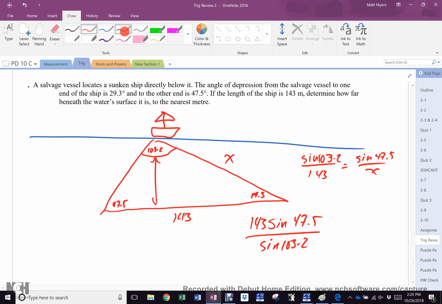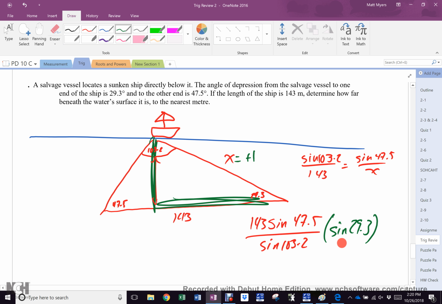Isn't that the hypotenuse of that? And then can I not do angle, hypotenuse, opposite, SOHCAHTOA sine with 29.3? If I worked the other side, I would do SOHCAHTOA sine with 47.5. Everyone understand? Doesn't matter which side you do it on, you're going to get the same height. Now I have my hypotenuse, so it's that times sine 29.3 if you did my way.